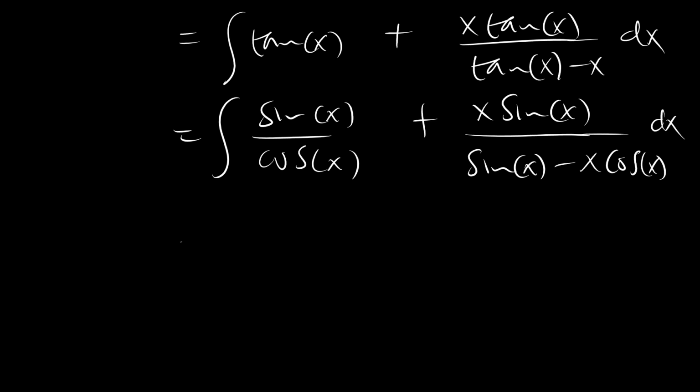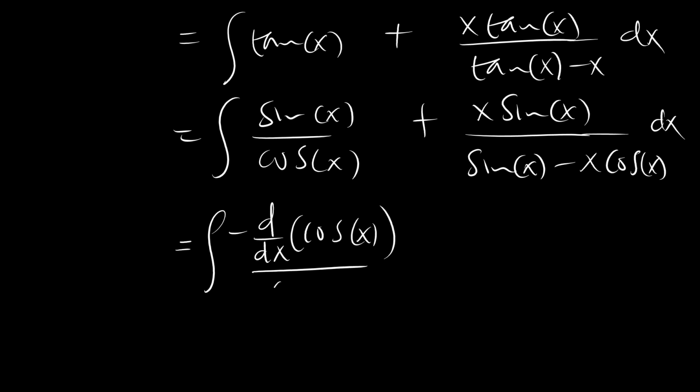And it's easy to see that sine is negative the derivative of cosine of x over cosine of x. And with this as well, when we differentiate the denominator, we get cosine of x minus cosine of x plus x sine of x.